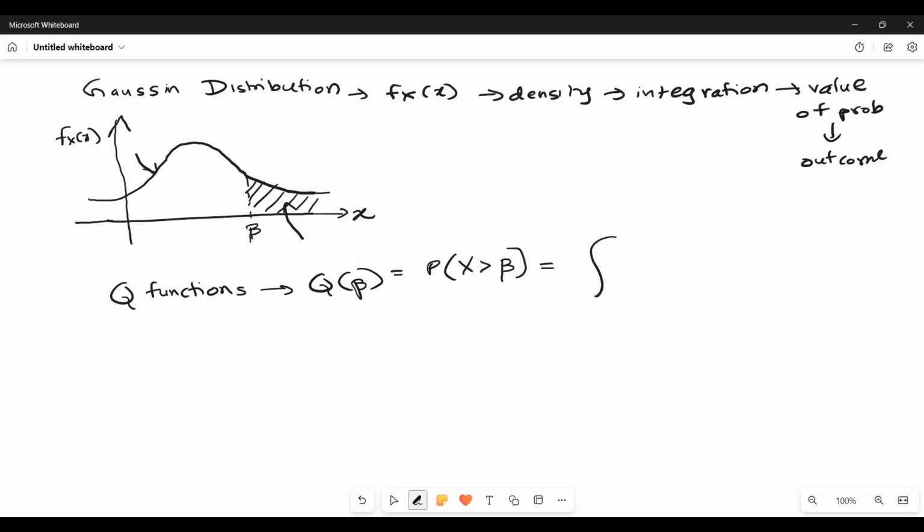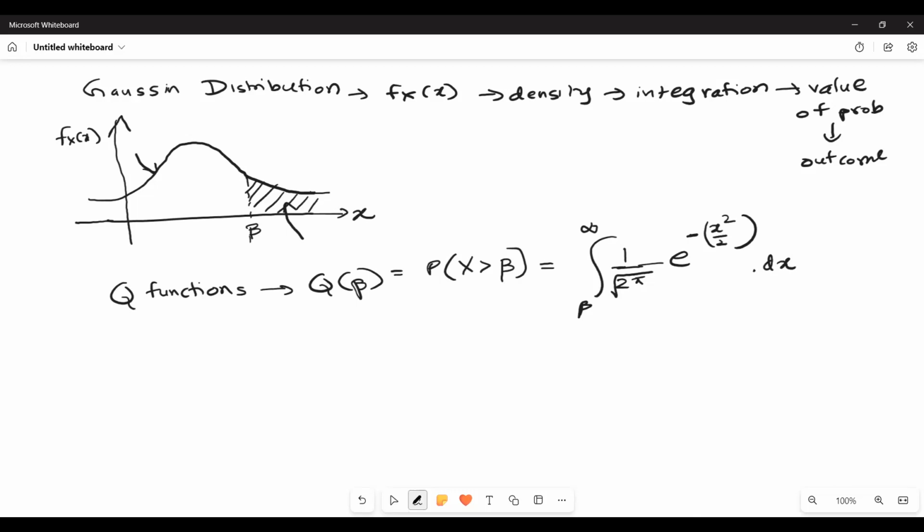It is defined as this integration from beta up to infinity of 1 over square root of 2 pi, e to the minus x squared over 2, dx.